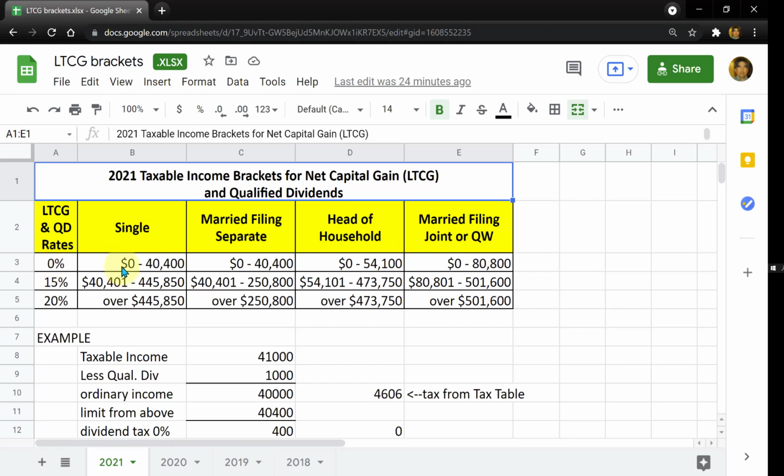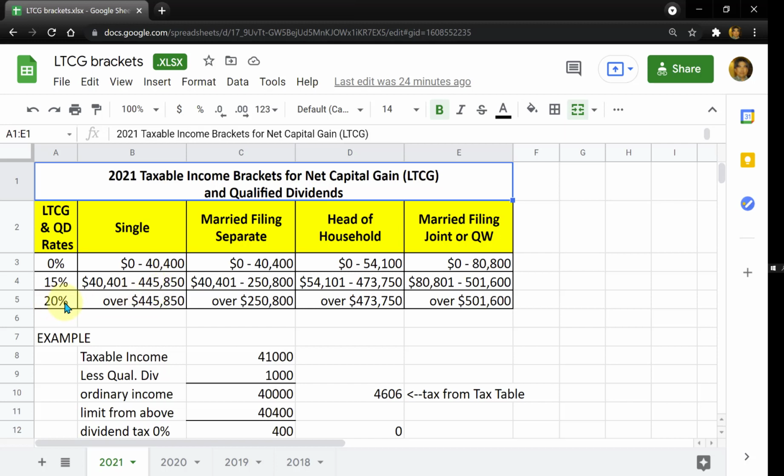But once their taxable income total goes over this amount and stays within this range, then anything over this for qualifying dividend capital gains is taxed at 15%. Now, most people don't make $444,000, so their capital gains and qualifying dividends are not going to be taxed at this top 20% rate.